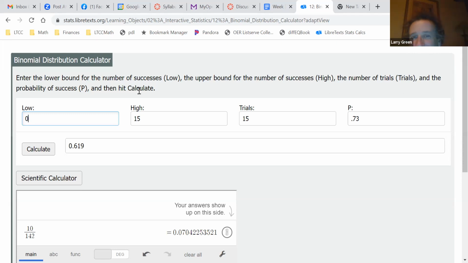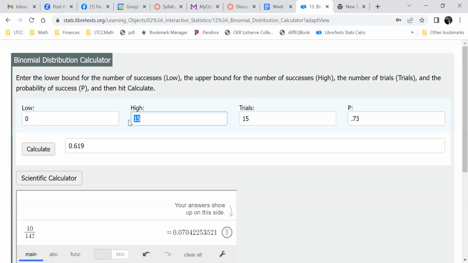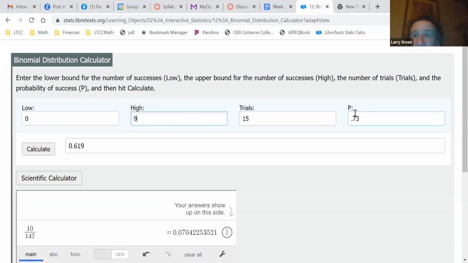And that could happen, right? You have all 15 of them who haven't even bothered getting vaccinated. What's the highest number that's fewer than 10? 9. Yeah, now comes the 9. Still 15 trials and probability 0.73 and about a 20% chance. Any questions on that?